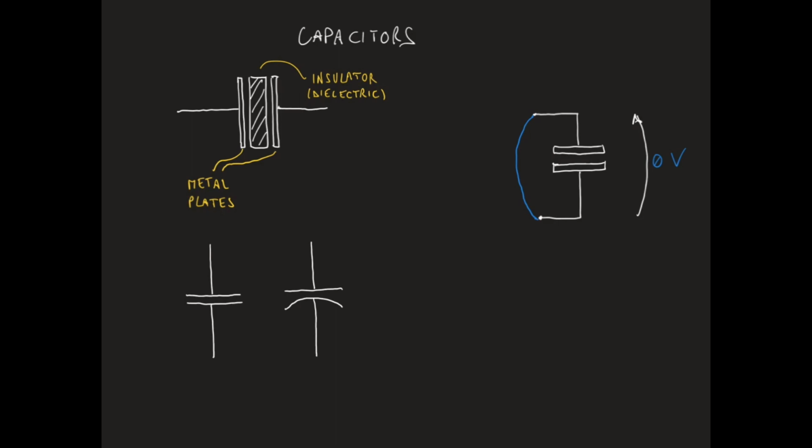The characteristic parameter of the capacitor is called the capacitance, typically indicated with the letter C on the side of the symbol. In a capacitor, the capacitance is the ratio between the charge Q on the plates of the capacitor and the voltage across the capacitor.